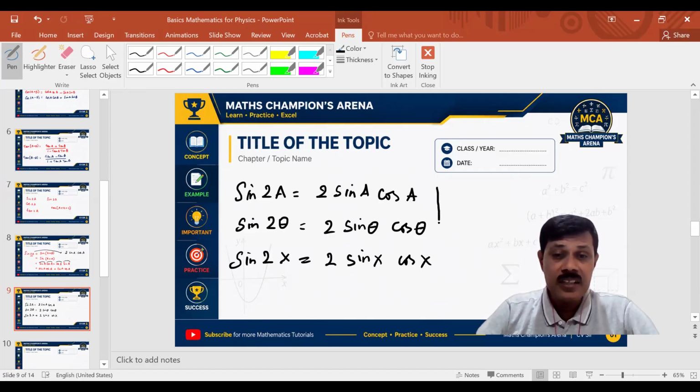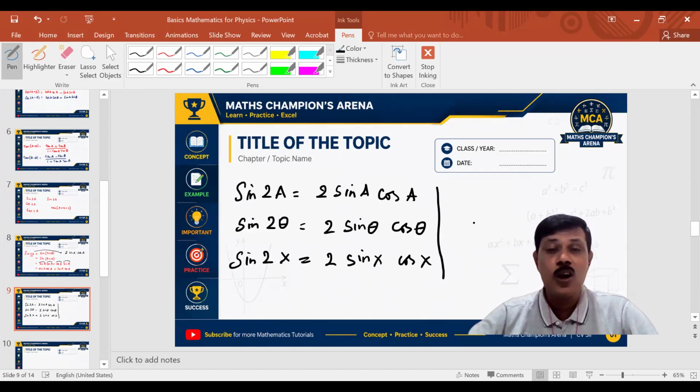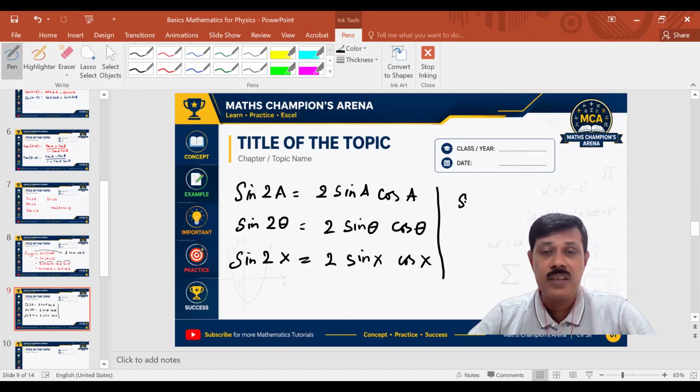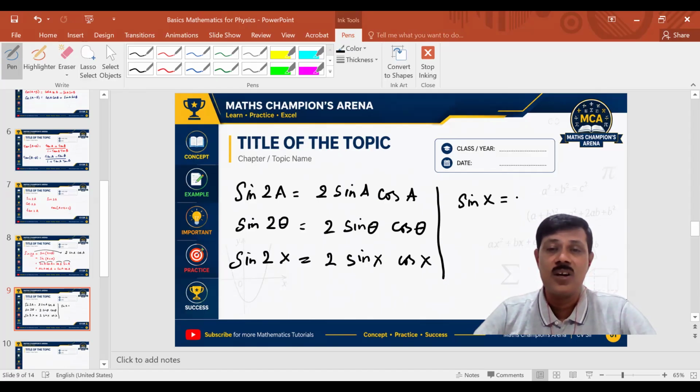But wait, the very important thing you should write is half of the angle. Now if I write sine x, how do I write sine x or sine theta? So I will write it as 2 sine x by 2 cos of x by 2. If I write sine theta, 2 sine theta by 2 cos of theta by 2.